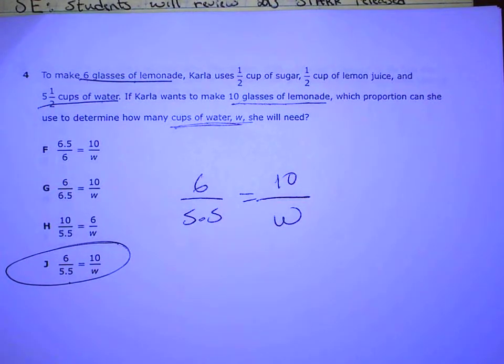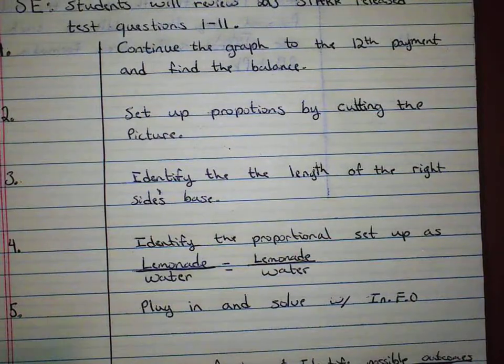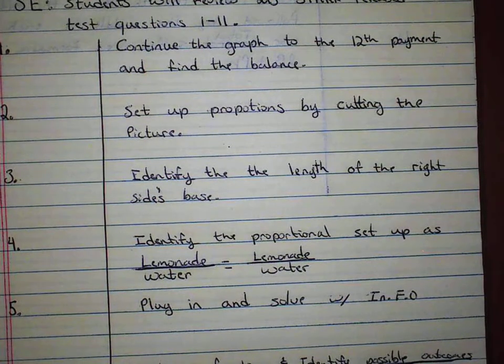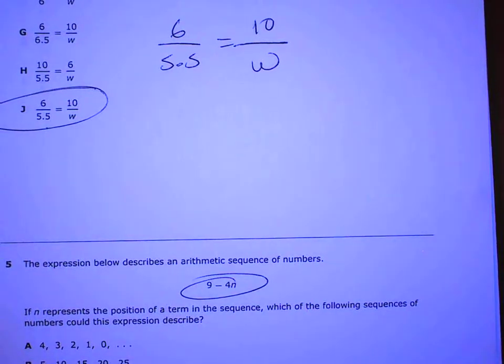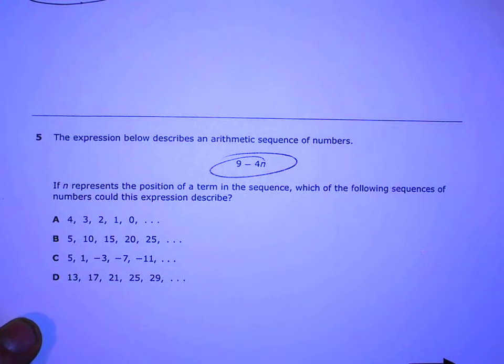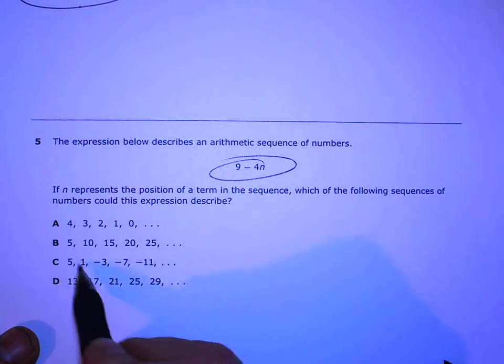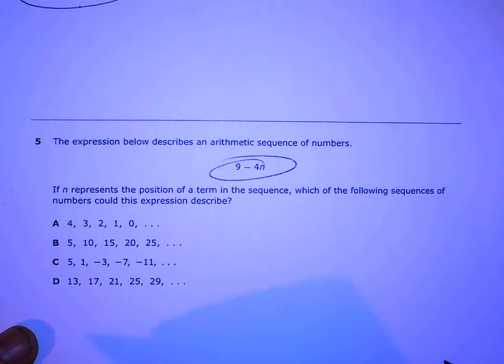Simple enough. Alright, number 5. It says plug in and solve with info. Alright, so this is a function. These are terms of that function. We have to plug in and solve so that these are our answers.